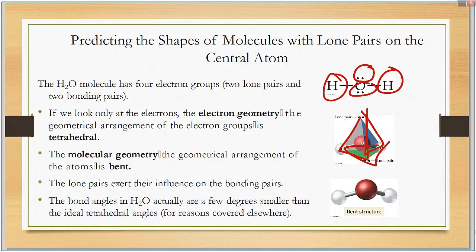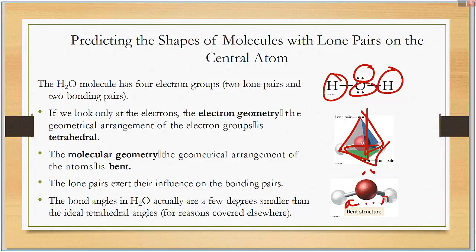The molecular geometry, the geometrical arrangement of the atoms, is actually called bent. Because once we stop counting the lone pairs, since you don't actually see them in the molecule itself, but they still exist, they're still pushing down on those hydrogens. So that's why it's getting bent.